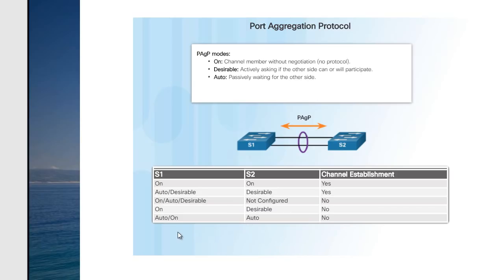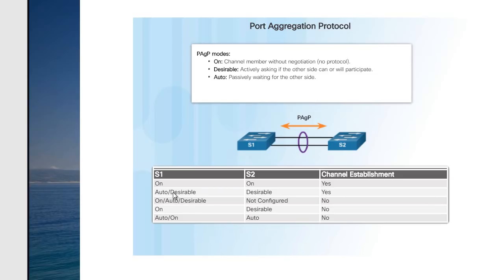Okay, so how is an EtherChannel established? Well, if they're both on, then of course they're not negotiating, but since they're both on, a channel is going to be established between the two devices.